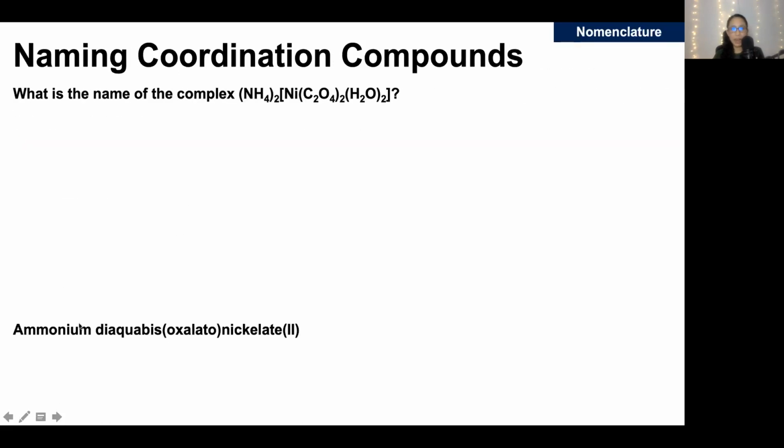Okay, this is the last example. What is the name of this complex? This is our cation. The anion is a complex. By the crisscross method, the charge of the anion complex is -2. The center is nickel. We have oxalate, so we have 2 oxalate ligands.